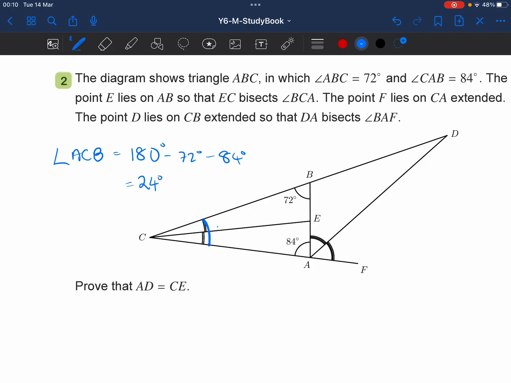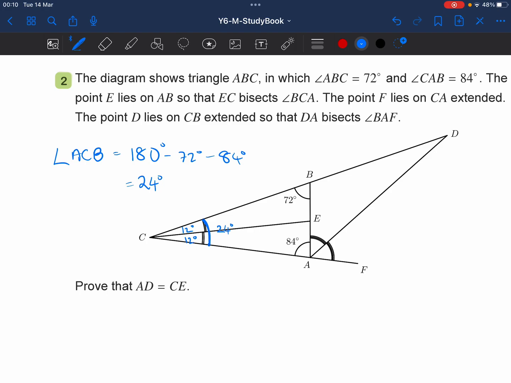Okay, now that's the whole angle, which we can see is broken into two angles. From the question, we knew that EC bisects BCA. So that means the line through the middle cuts it into two equal pieces. Therefore, BCE is equal to 12 degrees, that's the first angle, and ACE is also equal to 12 degrees.